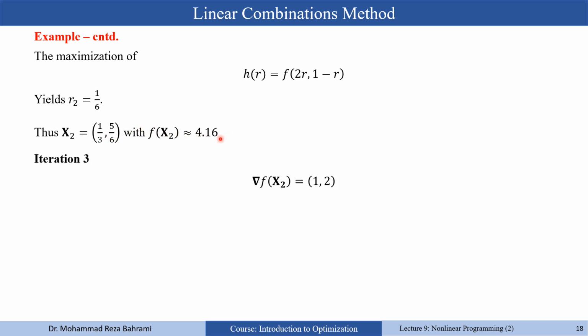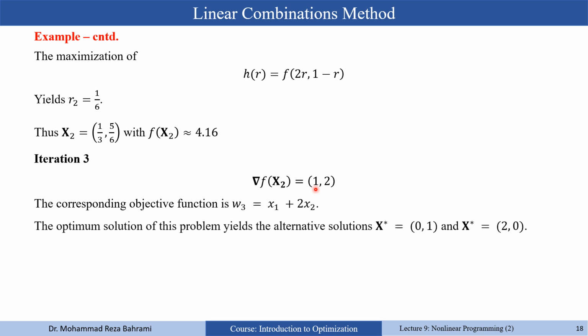Let's do another iteration. So substituting this one into the gradient, we got 1, 2. From here we are creating our objective function, which is x1 plus 2x2. You are making the derivative equal to 0. You are getting 2 points from it. And if you substitute both of them here, you are reaching one answer, which is 2. So if you put this x1 and x2 here, you have a 2.